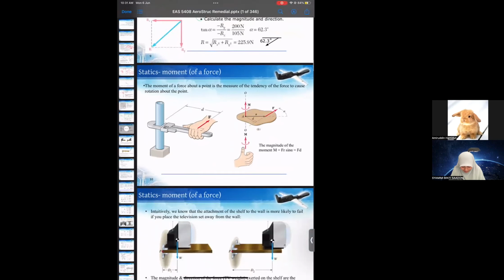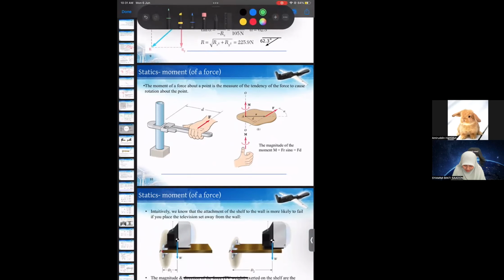So how are we going to calculate the moment? The moment is the force that we act on the material, times R, the radius of the rotation it causes to rotate the material, times sine alpha, the angle of the rotation here.